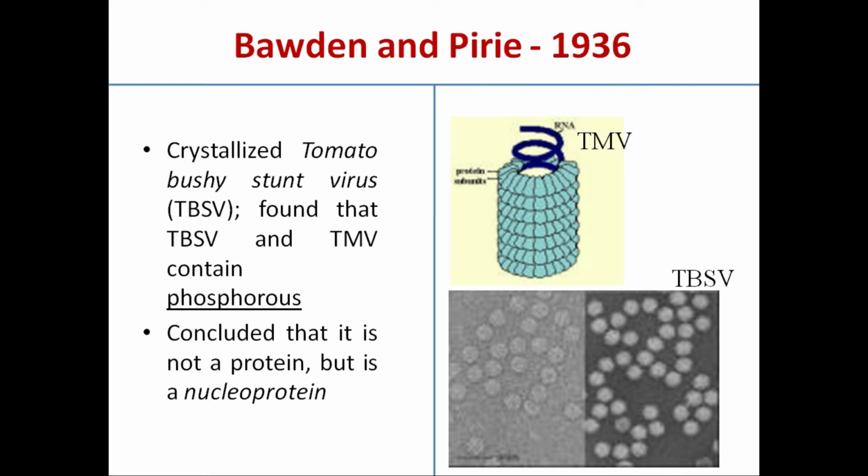With this, they concluded that it is not a protein but a nucleoprotein. So the agents causing tobacco mosaic disease and tomato bushy stunt disease are nucleoproteins, that means nucleic acid and protein. Because of their discovery of the true nature of the agent, they were awarded the Nobel Prize again.